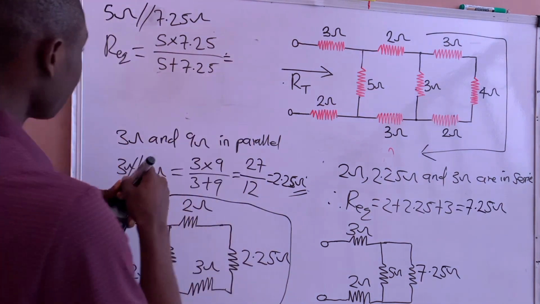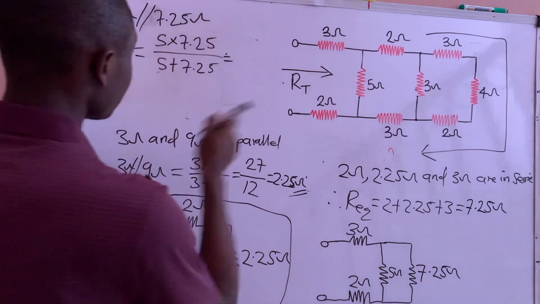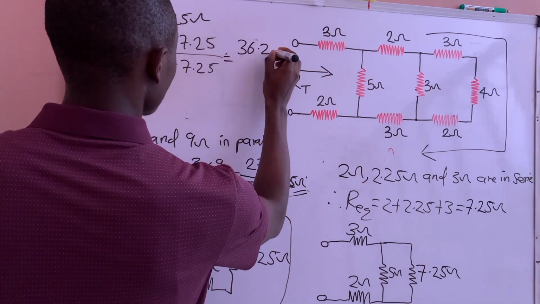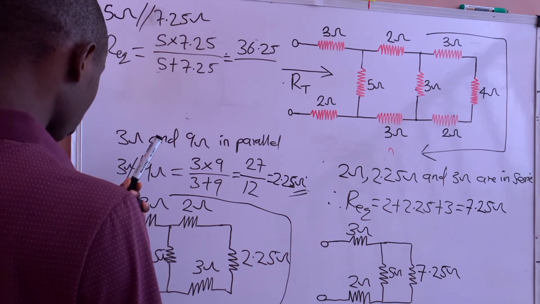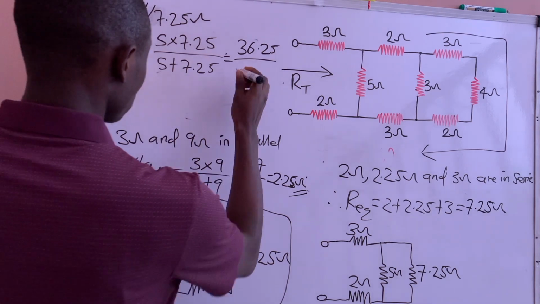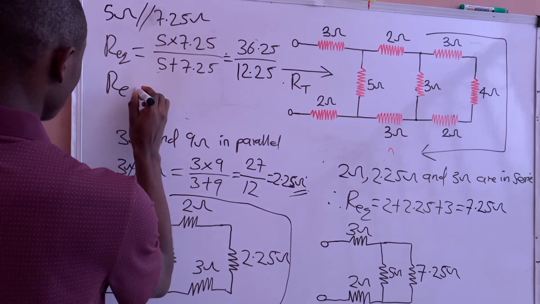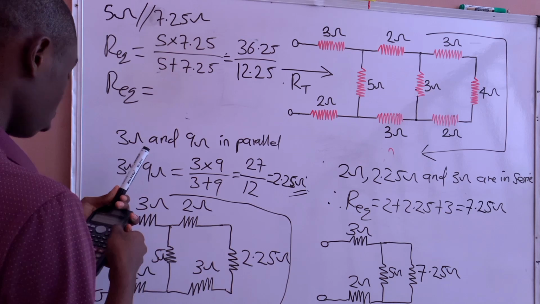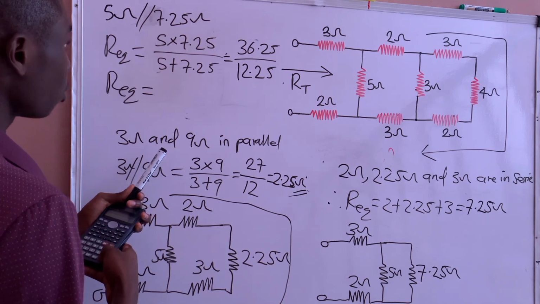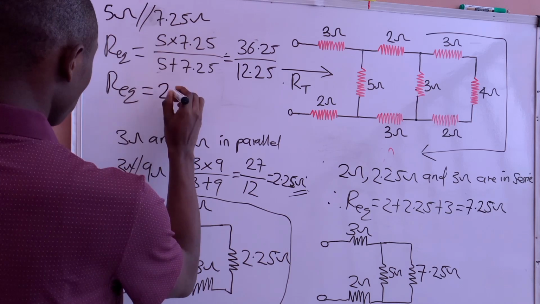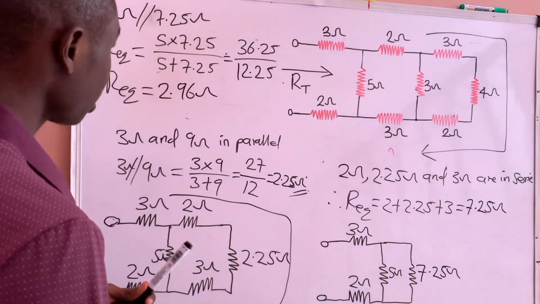From my calculator, 5 times 7.25 is 36.25, all over 5 plus 7.25, which is 12.25. So the equivalent resistance will now equal 36.25 divided by 12.25, which is 2.96 ohms.